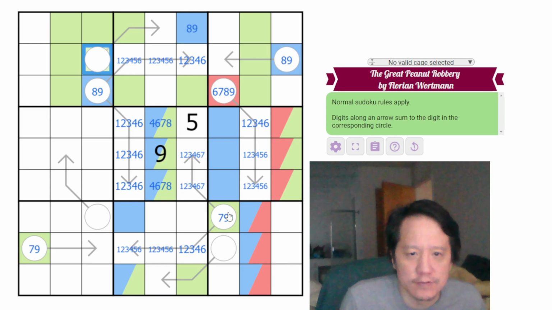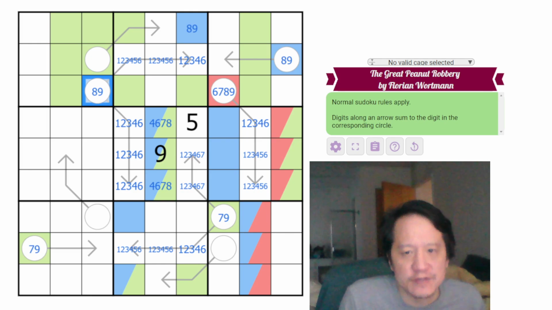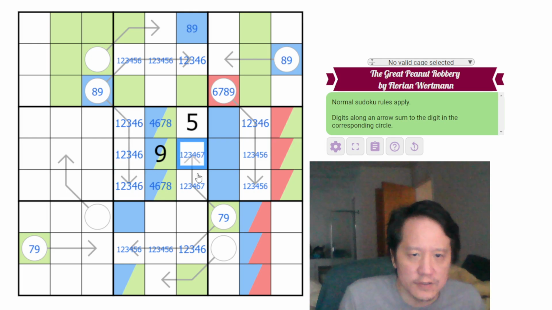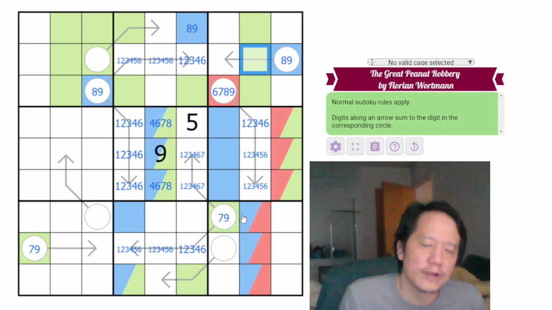Now I guess we just have to check the various cases. So what happens if this is 8? Right? If this is 8, this is 1, 3, 4 specifically. This has to be 2, 7, and this is 3. So this cannot be green.